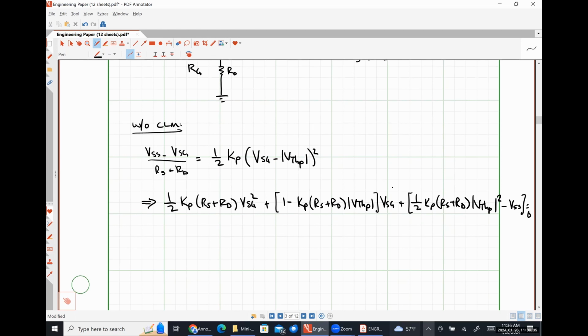That's going to have two solutions, only one of which will work out to be in the right operational mode.